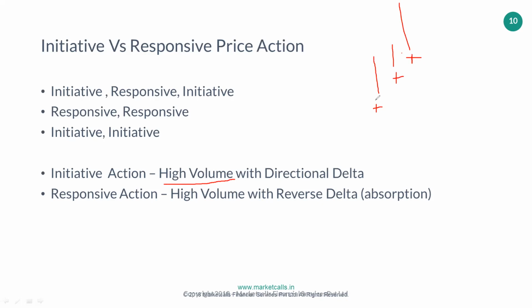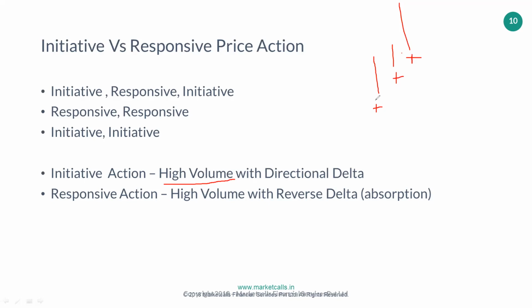And typically when it comes to Nifty futures, you'll see a good flow of 3,000 lots, 4,000 lots, or 5,000 lots in each and every candle. And the delta also stays directional, always maintaining positive. That is more of an initiative auction, right? So that's an initiative auction or initiative drive, whatever the name, there are different names you can call it.